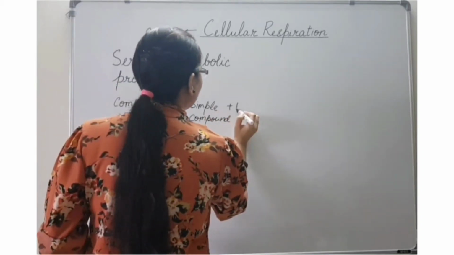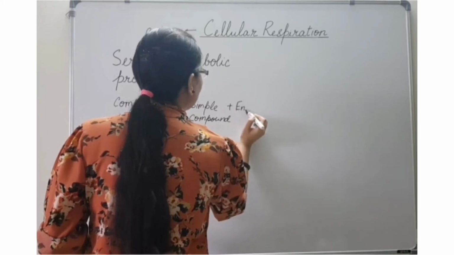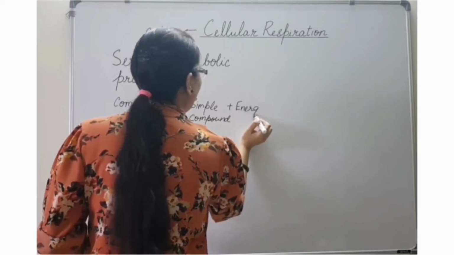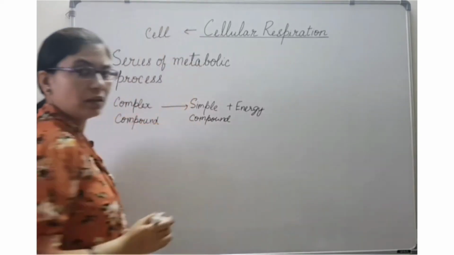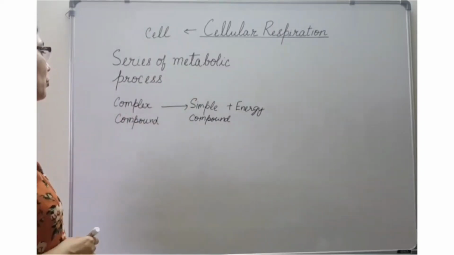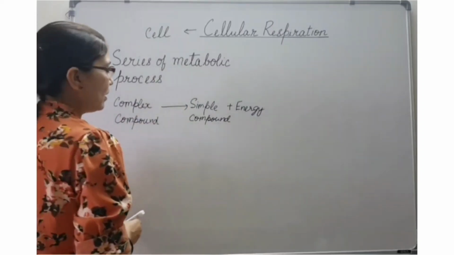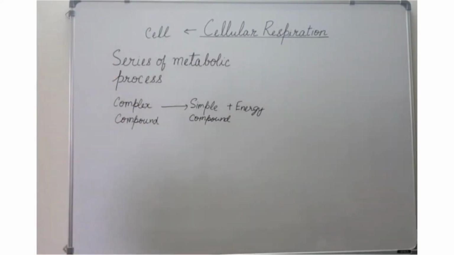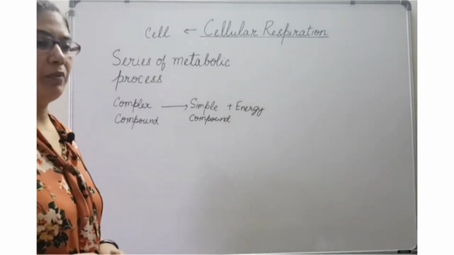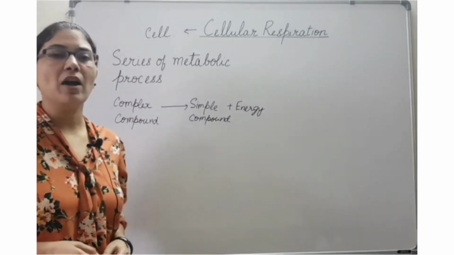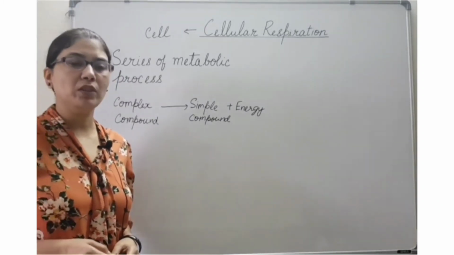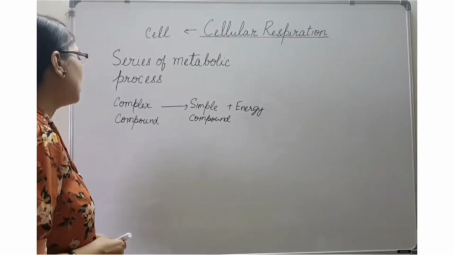In this, energy is also released. This energy is used to produce ATP and some is lost as heat. There are various substrates for cellular respiration, like carbohydrates, lipids and proteins. Here we will focus on glucose.